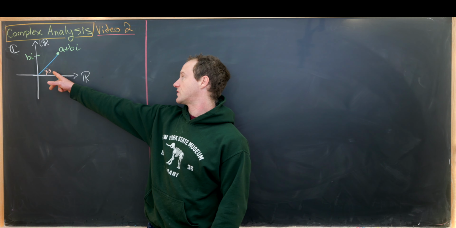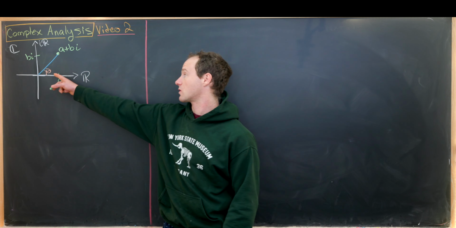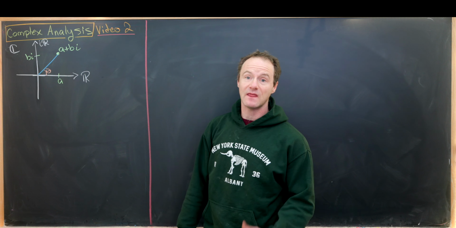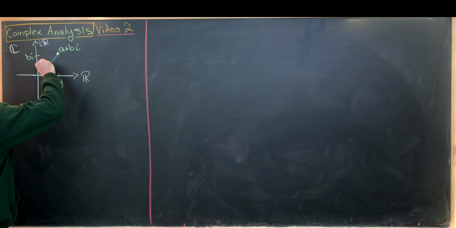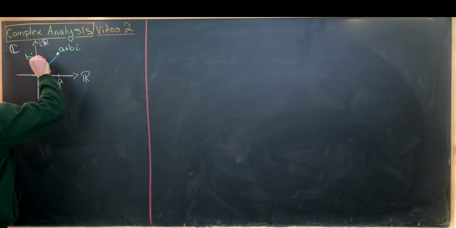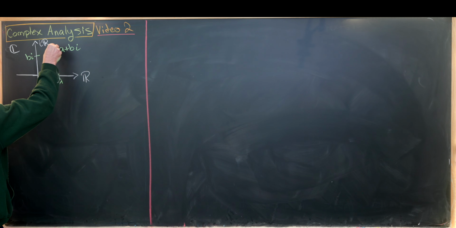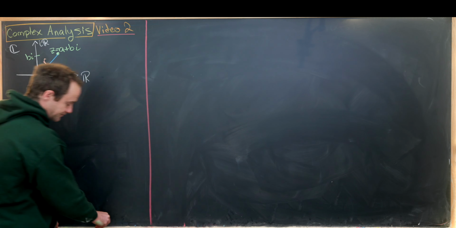That naturally creates an angle with the positive real axis, which I'll call theta. And then it also creates a distance from the origin, which I'll call r. So this r is the distance from the origin to our complex number, a plus bi, which I'll call z.